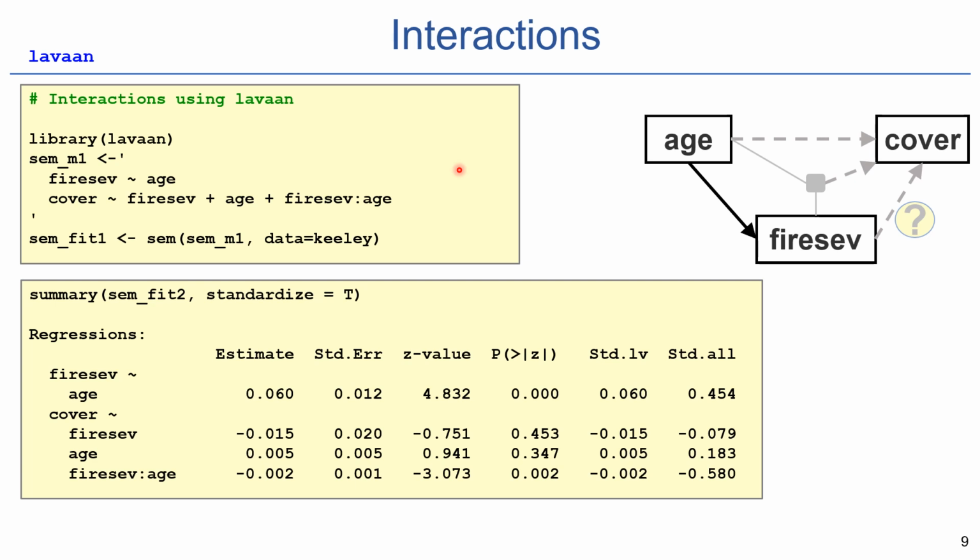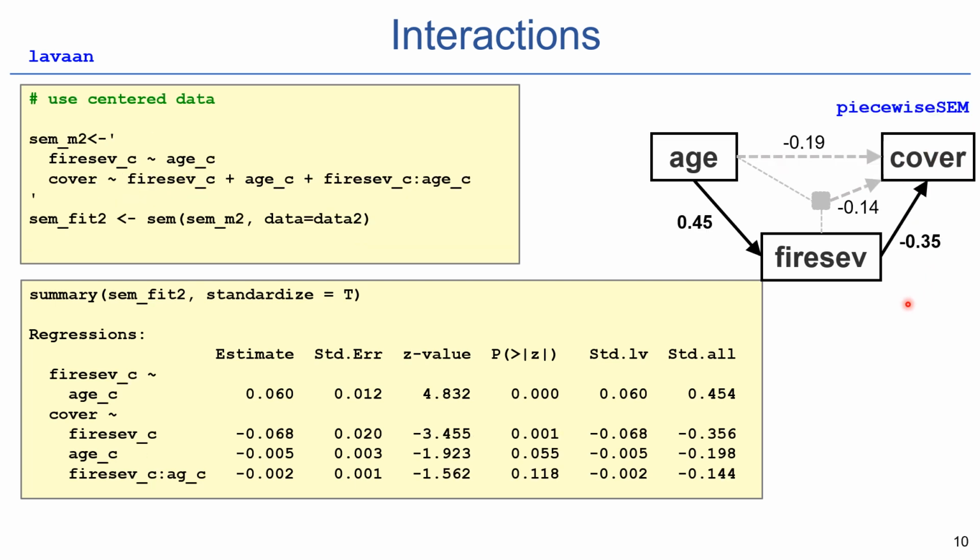And the same idea is behind it: if we get the summary function, our coefficients will show the same results as the piecewiseSEM, whereas the effect of fire severity on cover will be lost. But if we re-specify our model in lavaan using the centered variables, you will see that the effect of fire severity on cover now is significant, the same as we got from our piecewiseSEM, which is shown by our path diagram here.